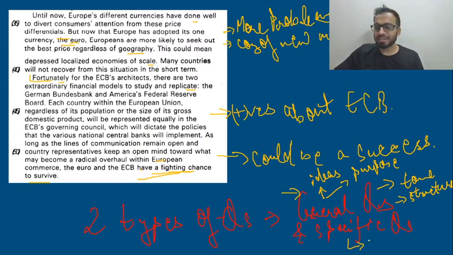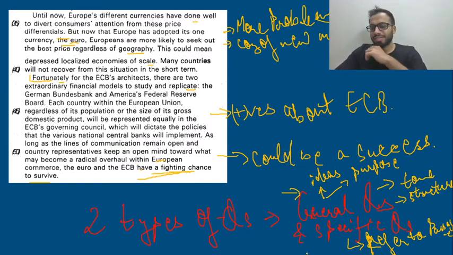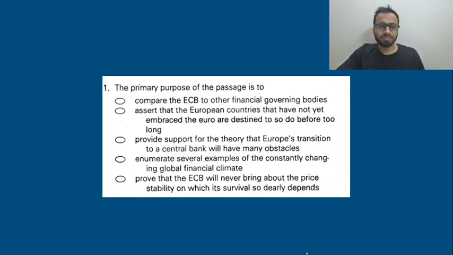Specific questions is where you have to refer to the passage. I am writing refer to passage. This is what you have to do when it comes to specific questions. That is the difference between general questions and specific questions. Let's begin with a few general questions now.